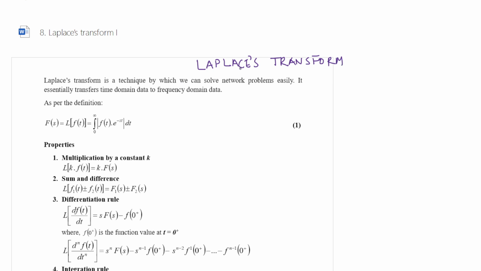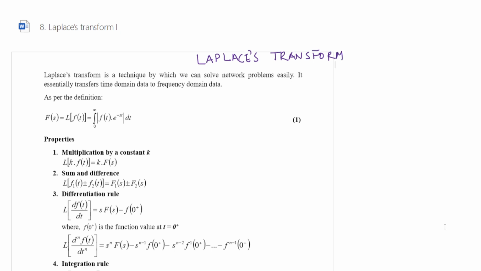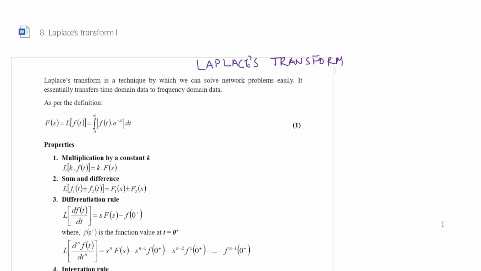Now, based on this transform, any time domain signal can be converted to its frequency domain signal with the help of this equation.